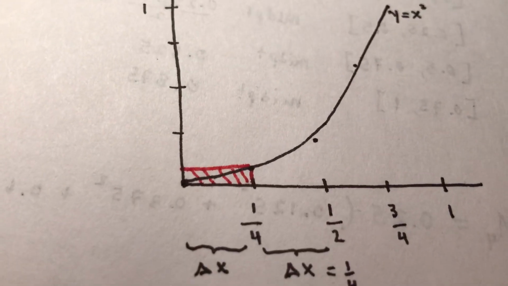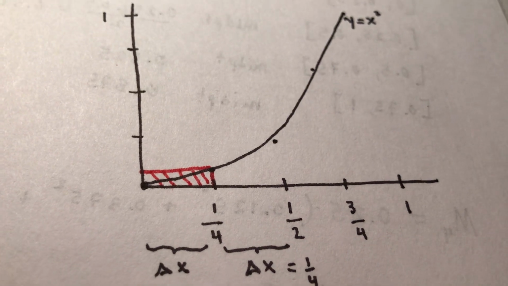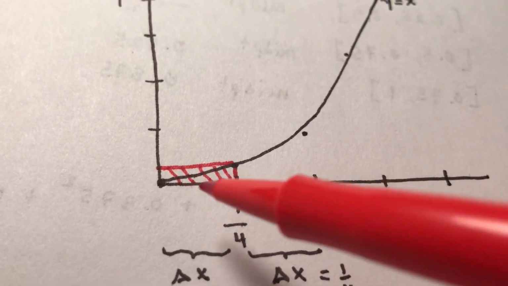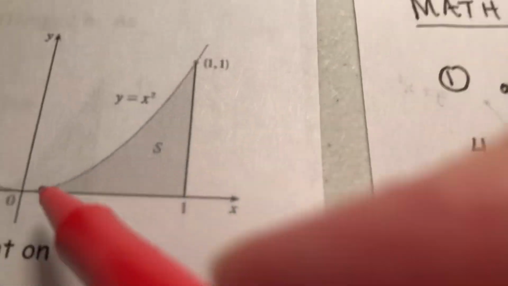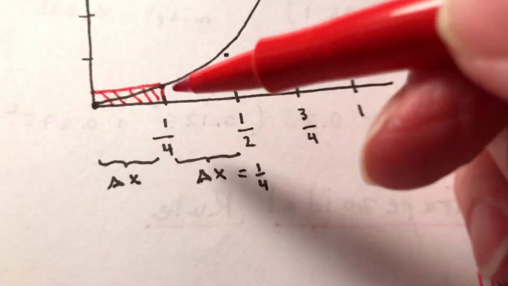We'll be able to find the area of a rectangle, it's just length times width, and it's going to be a little bit more than the actual area under the curve. This is going to be an approximation.